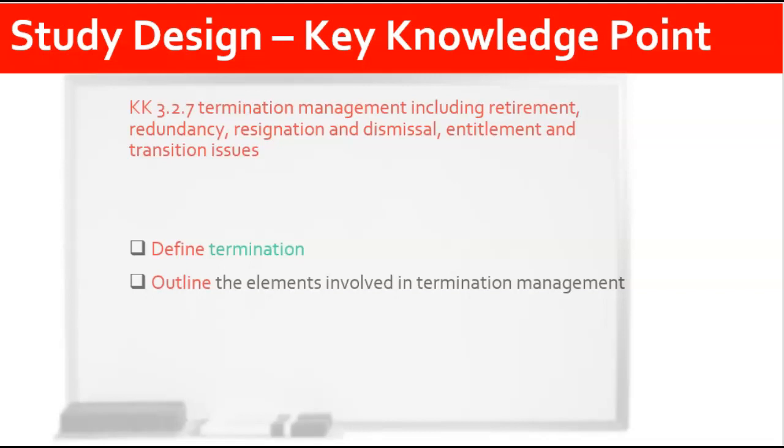So we are up to, in Unit 3, Area Study 2, Key Knowledge Point 7, which is termination management, including retirement, redundancy, resignation and dismissal, entitlements and transition issues. They're the issues that we need to cover, and we'll do that this week across the next couple of lessons. So termination will see us out this week as a good place to start.